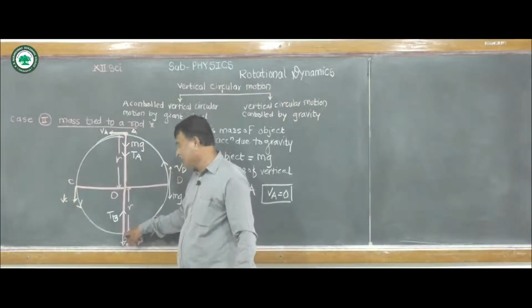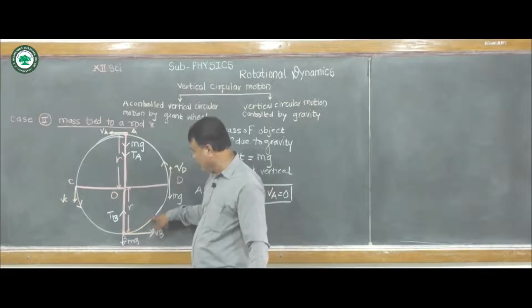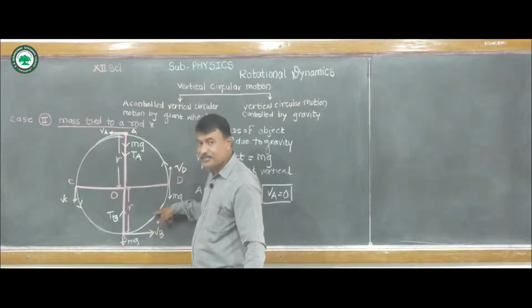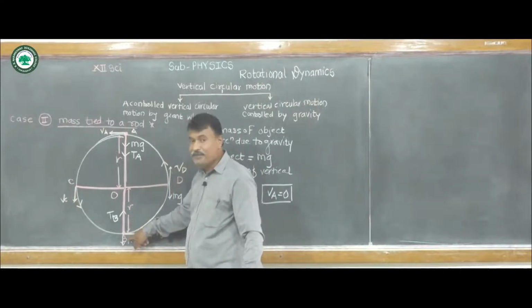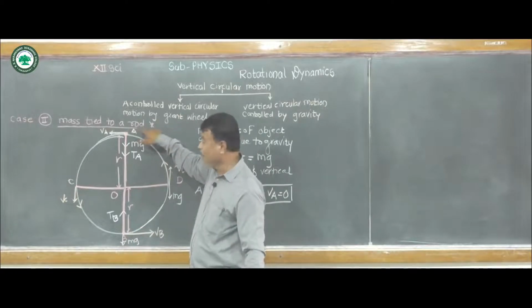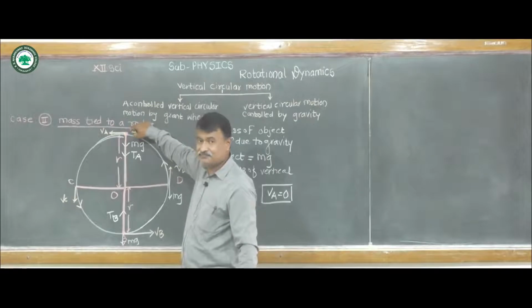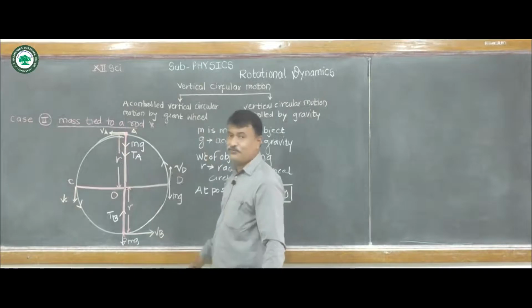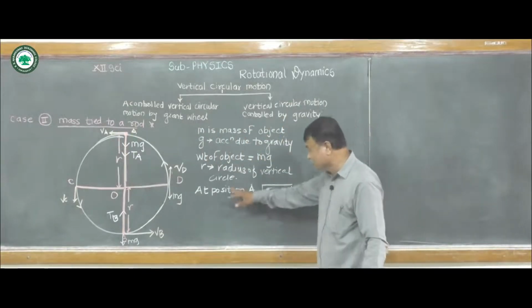That's why kinetic energy at point B is maximum. And due to that kinetic energy, this particle moves along the circumference of vertical circle, and again in that case kinetic energy continuously goes on decreasing from B to A, and when it reaches the point A, its potential energy is maximum, and as the rod is rigid, therefore its velocity is minimum, which is equal to 0 at position A.